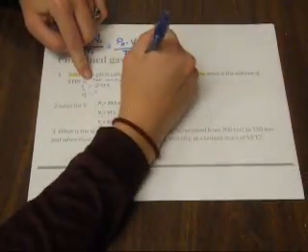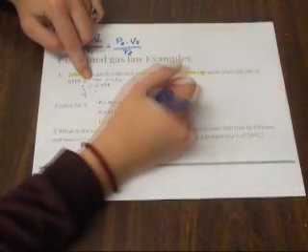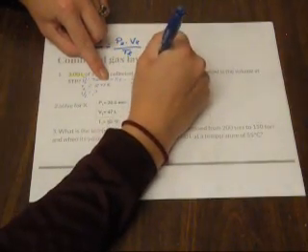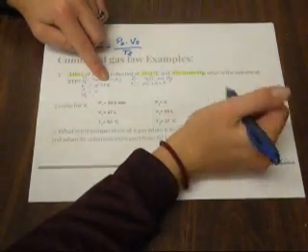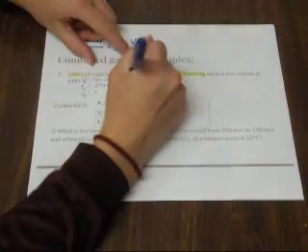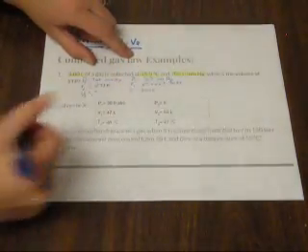So, for our initial pressure, our P1 is 705 millimeters of Hg. Our temperature, 35 plus 273 equals 308 K, and our volume 1 is 3.00 liters.